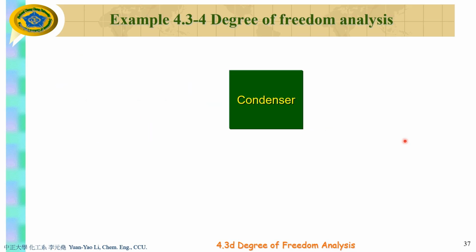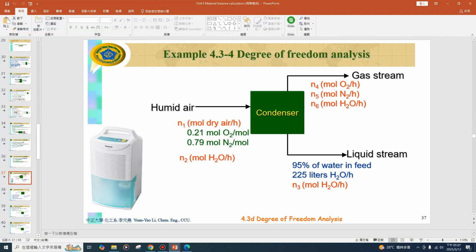Right. So this is another example, degree of freedom analysis. I want you to read this with me. A condenser here. What is a condenser? This is, we just learned humidifier.